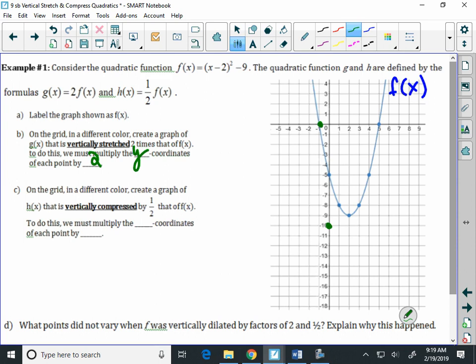The next point, 1, negative 8: negative 8 times 2 is negative 16. The vertex, or turning point, is 2, negative 9. Negative 9 times 2 is negative 18.